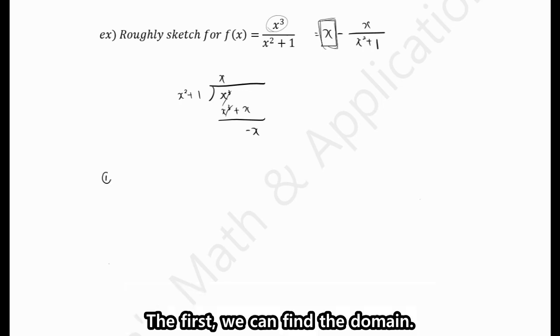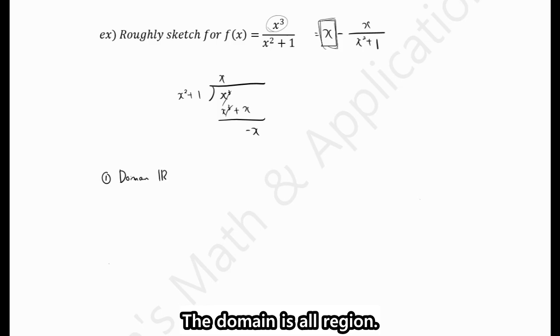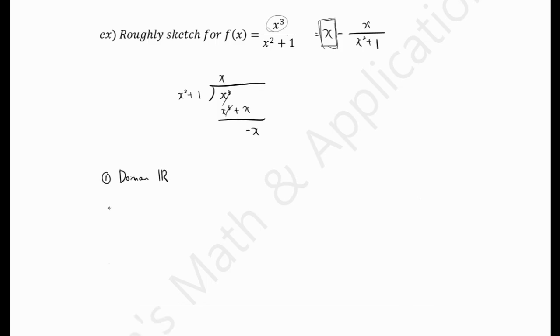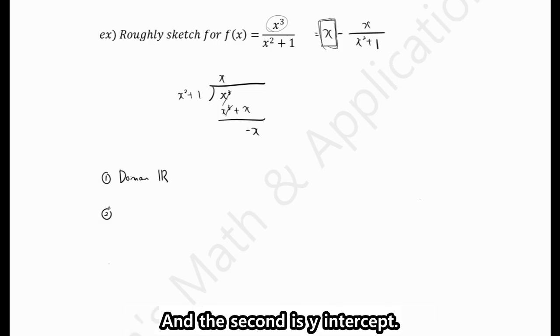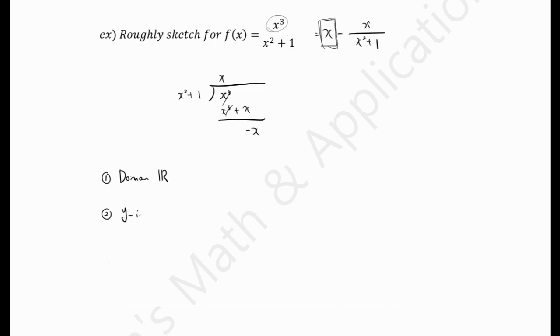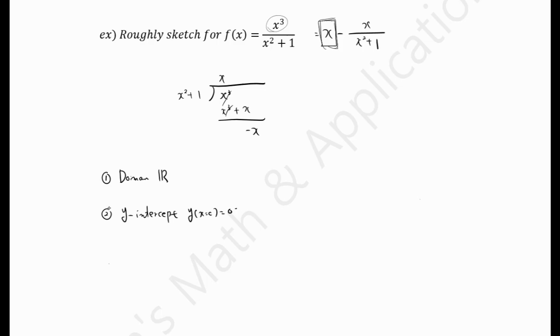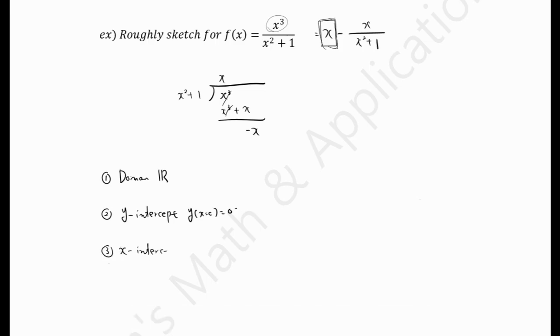First, we find the domain. The domain is all real numbers, since there is no undefined point in this function. Second is the y-intercept: when x equals 0, y equals 0. The third step is to find the x-intercept: y equals 0, and in this case x equals 0.